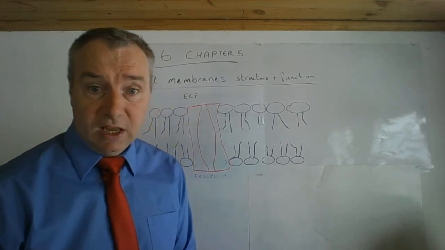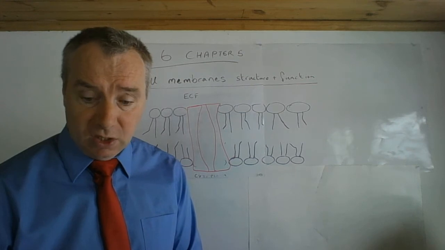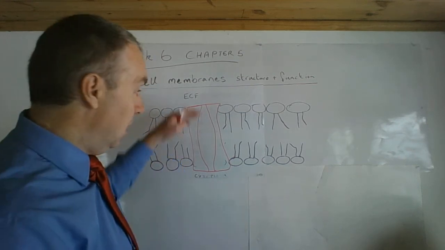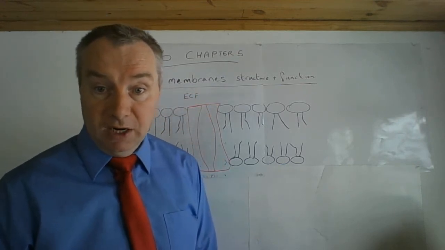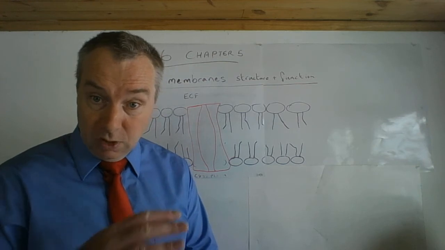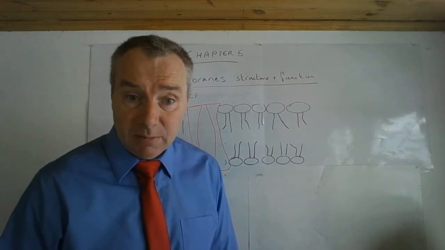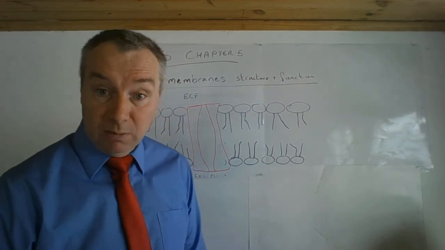This protein is called an integral protein. The reason why it's called an integral protein is because it passes through the top and bottom layer of the phospholipid bilayer. So it is integral to the membrane, the entire membrane. The next protein we're going to talk about is a peripheral protein.